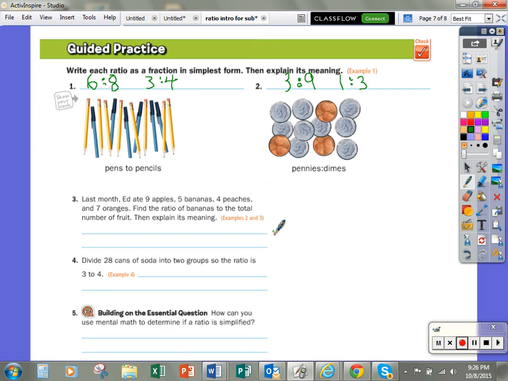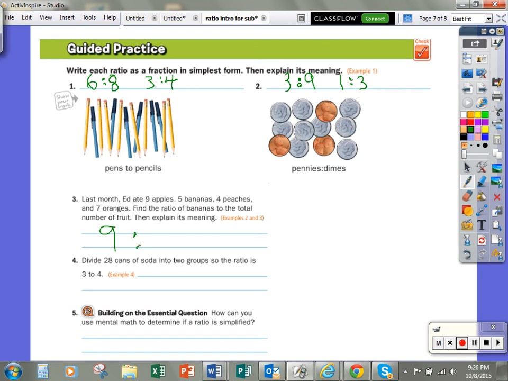Let's go to number 3. Last month, Ed ate 9 apples, 5 bananas, 4 peaches, and 7 oranges. Find the ratio of bananas to the total number of fruit. So in questions 1 and 2, we were doing object to object. So this would be part to part. Here they're asking us to find bananas to the total. So that is part to whole. So we have 9 bananas.